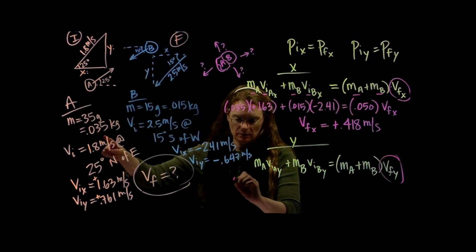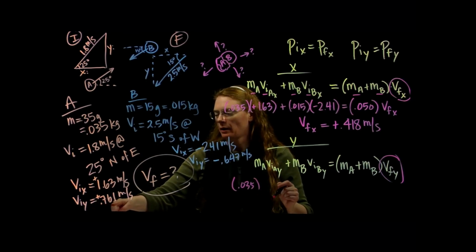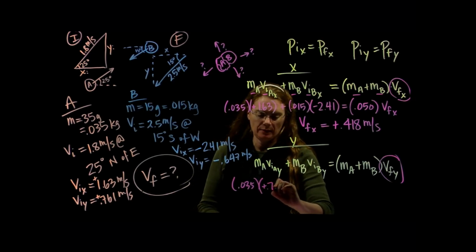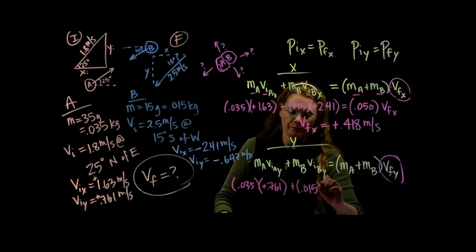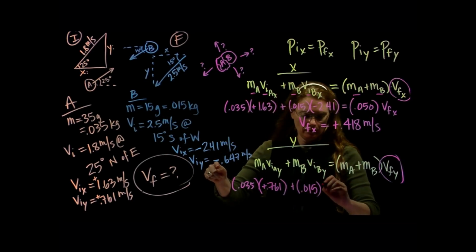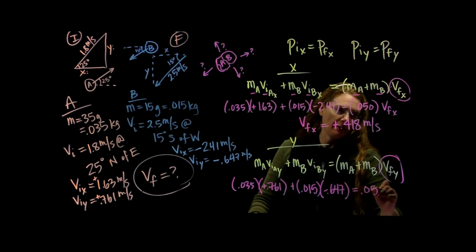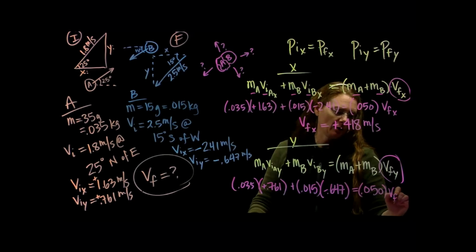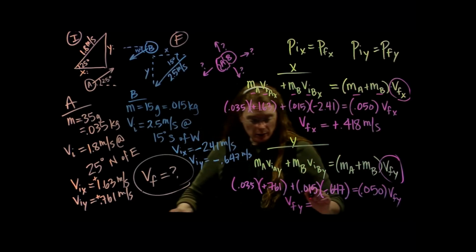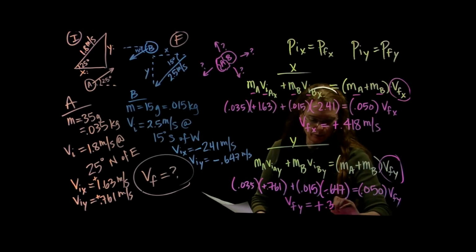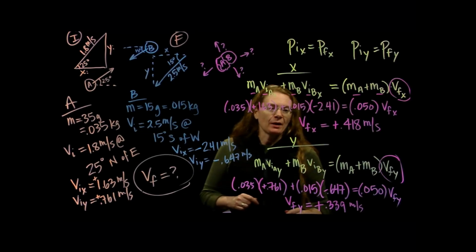Mass of A, 0.035, V initial A y, 0.761, plus mass of B, 0.015, V initial B y, negative 0.647, equals 0.050, combined mass, V final y. And if you do the math here, you get V final y, another positive, plus 0.339 meters per second.